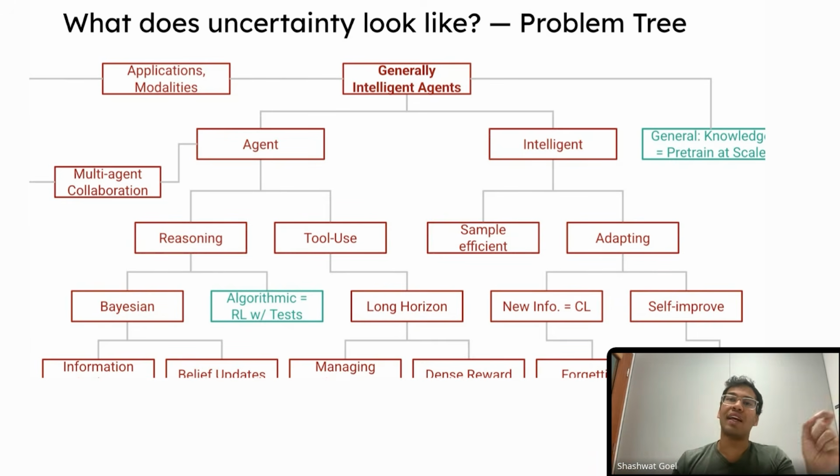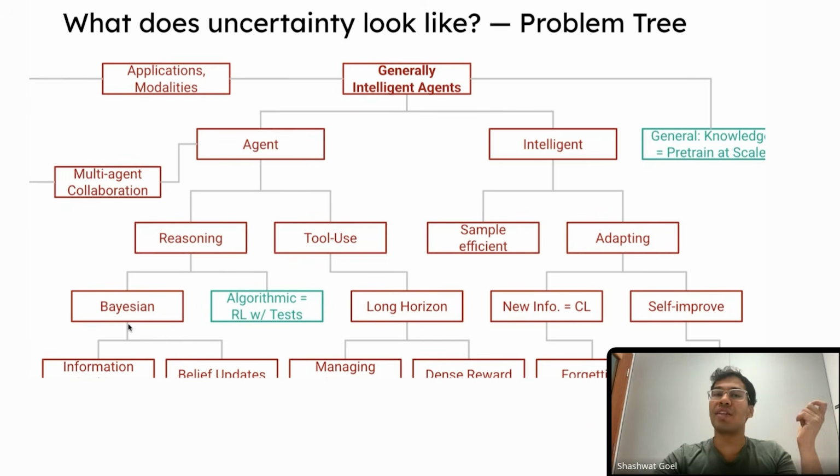Similarly with agents, we need them to reason about what action to take next, and also to use tools to make the problem easier for themselves. Within reasoning, we might have solved the algorithmic part, which is, given a scoped-out problem, finding a solution that works, which you can then verify. But we haven't solved the other part, which is reasoning about uncertainty, which is key to doing research.